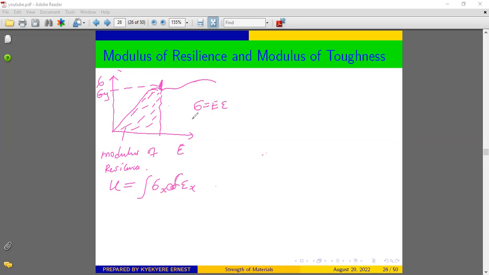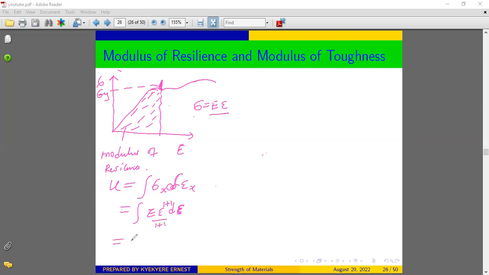So we can say that the stress is equal to the modulus of elasticity times the strain. So from here, we can put it here and say that we have E epsilon d epsilon. And from here, when we integrate with respect to epsilon, we are integrating with respect to this epsilon, which is the strain. So from here, we add 1, epsilon is raised to the power 1 plus 1 over 1 plus 1, which is the power.